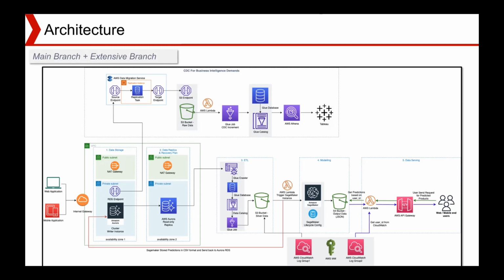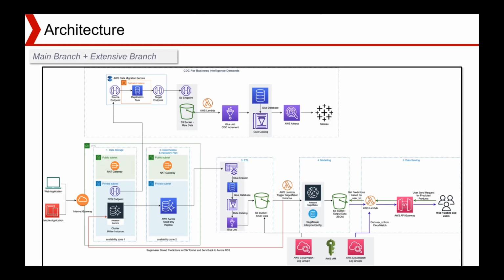Our DevOps team has offered a VPC for our data storage and data replica because our raw data will come from the web applications and mobile applications of our customer, who is browsing our e-commerce platform to buy our products.